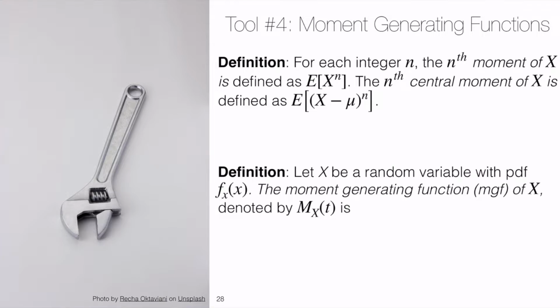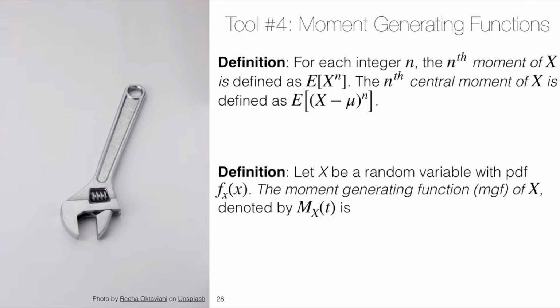Okay, so with those definitions in mind, let's think about the definition of a moment generating function. And we'll see why the moment generating function has this name. Namely, we can use it to generate moments of a random variable. So let's suppose we have a random variable x. It has a PDF f of x.